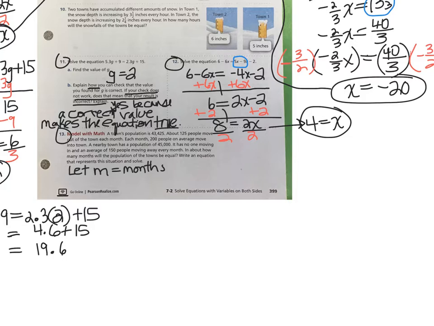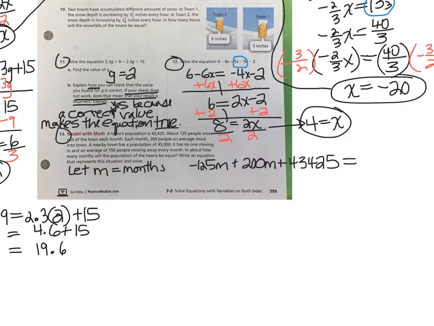So right now what I know is that 125 people are moving out each month. And I know that there are 200 people moving into town each month. So what I'm representing here is the amount of the change in population for each month. But we're going to add to that the actual population of the town, 43,425.